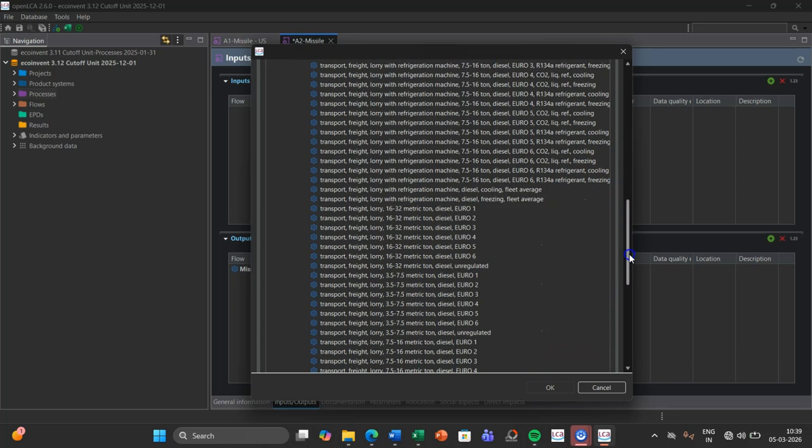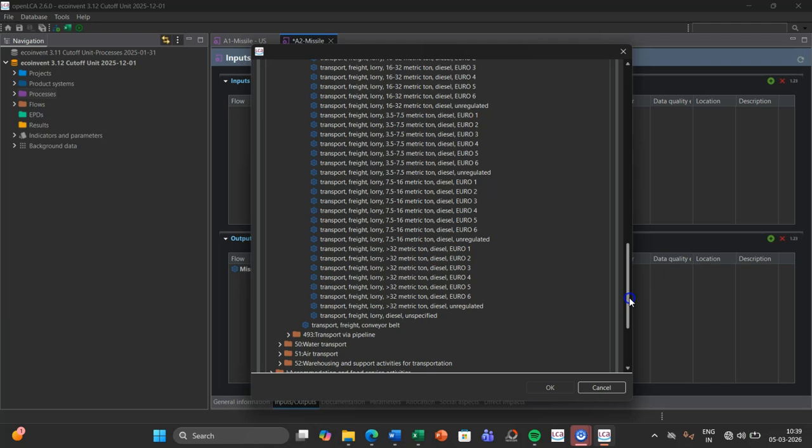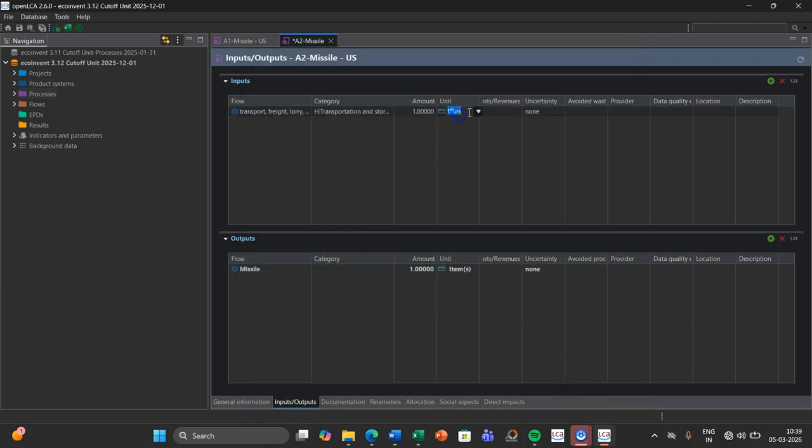We have Euro specific data, but we have that completely unspecified. Okay, so in the absence of known data. Okay, ton kilometer. We have ton miles. So there is no kg miles.